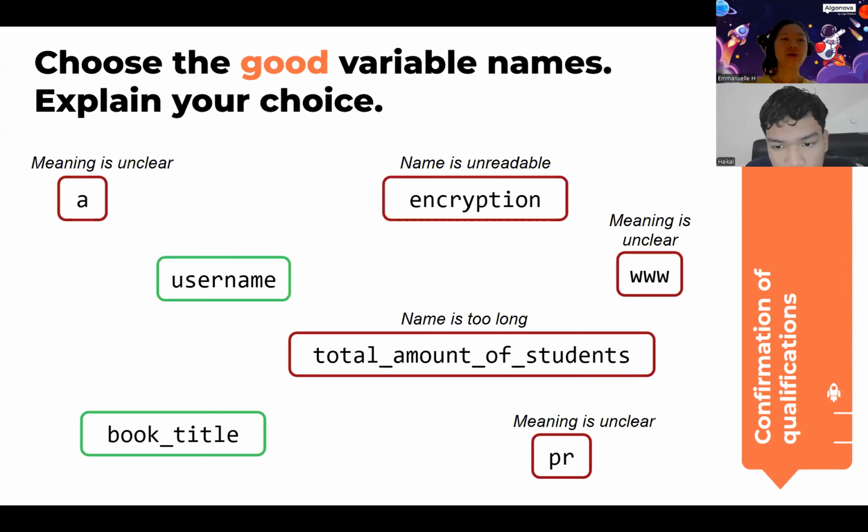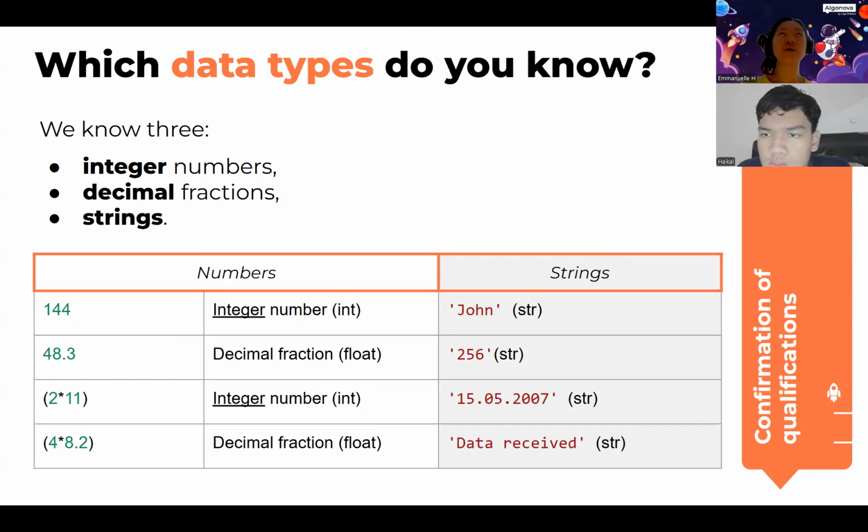We also learned how to create a good variable name. It should not be too long and should be clear. If it's too short, the meaning is unclear and we don't understand what value is inside.